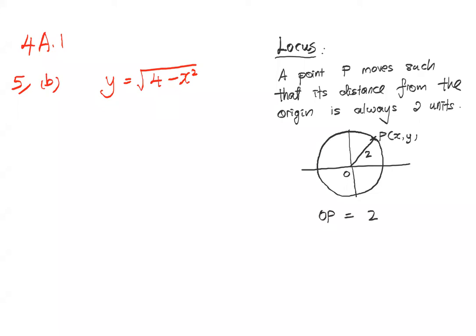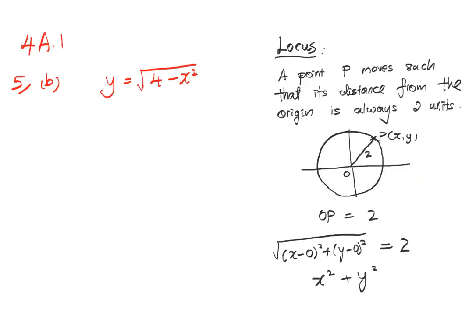How to find the distance between 2 points? Square root of (x minus 0) squared plus (y minus 0) squared is equal to 2. So therefore, you square the whole thing: x squared plus y squared is equal to 2 squared.